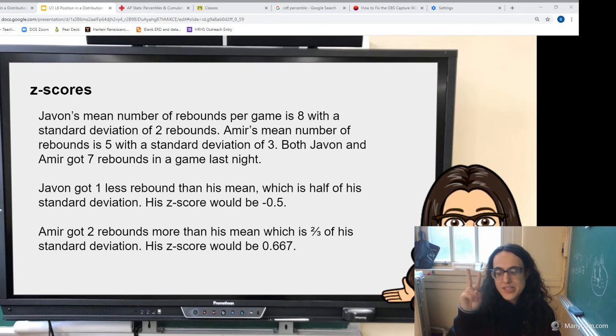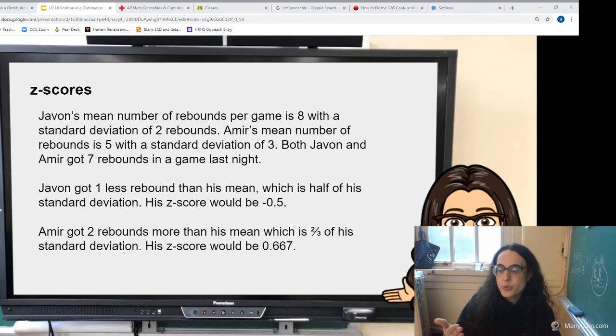And if his standard deviation is 2, then 1 divided by 2 gives us that this is half a standard deviation below the mean. So you would have a Z-score of -0.5. For Amir, he got 2 more rebounds than he usually would.